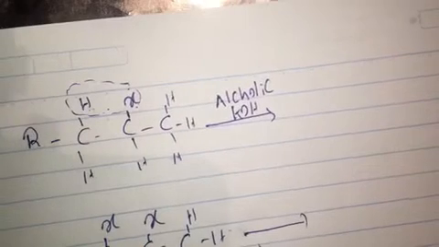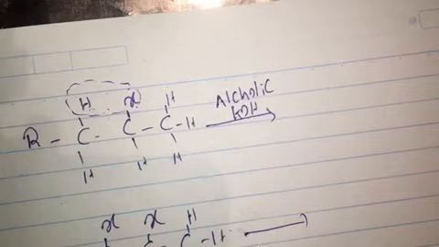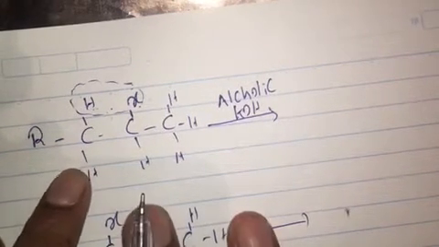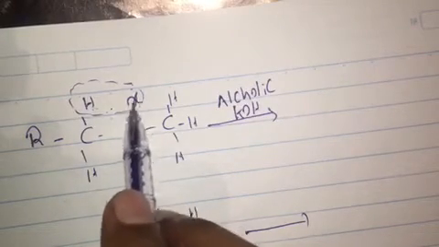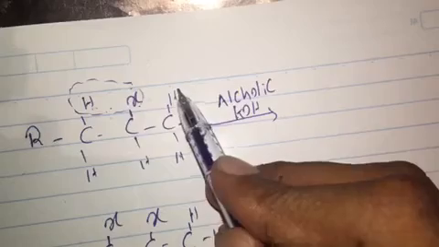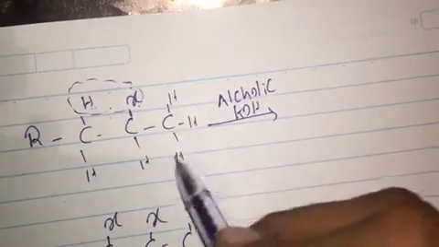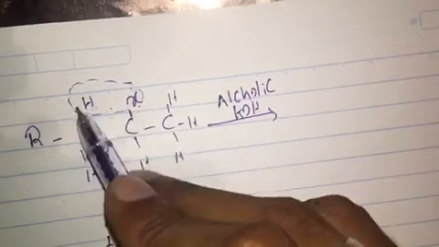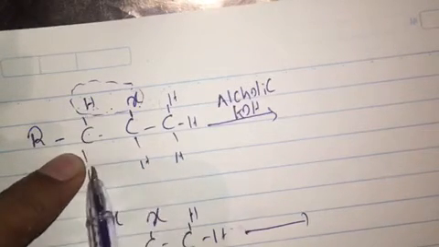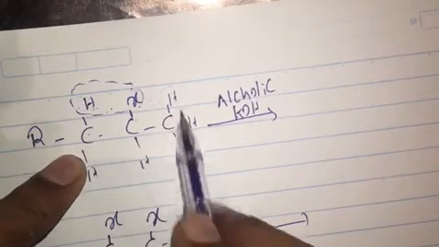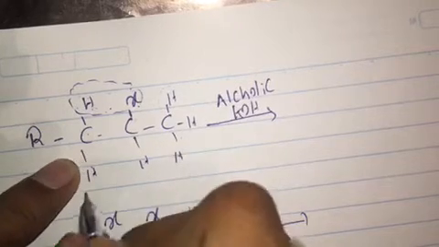Now we can select where the hydrogen is removed in this molecule. This halogen can be released with this hydrogen or this hydrogen. This carbon is attached to 2 hydrogen atoms and this carbon is attached to 3 hydrogen atoms.